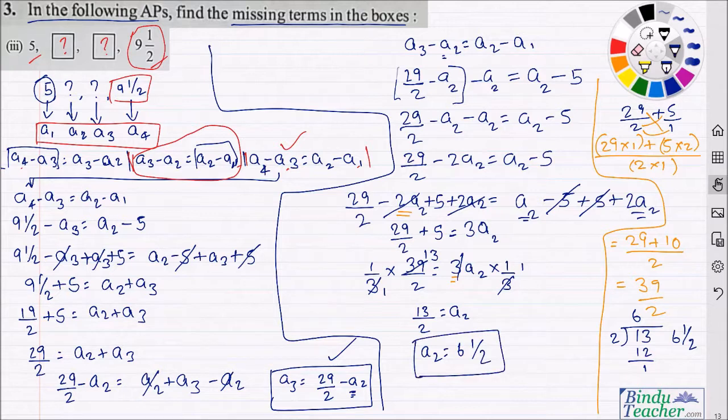Now we have completed one half of the question, which is finding the value of A2. So let's write that down. So now we know the answer of A2 as 6 1 by 2.